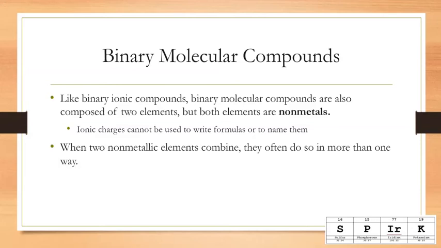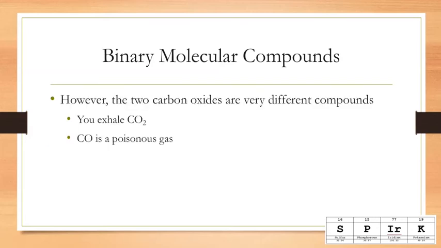When two nonmetallic elements combine, they often do so in more than one way. For example, carbon and oxygen combine to form two gaseous compounds, CO and CO2. However, the two carbon oxides are very different compounds. You exhale CO2, and CO is a poisonous gas.